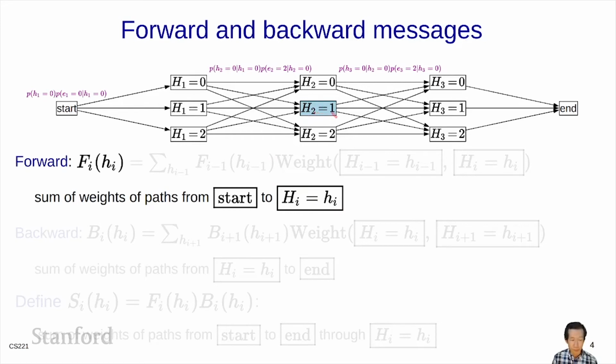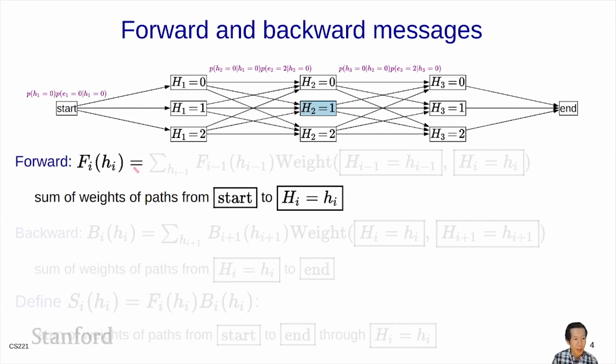f_2 of 1 is going to be the sum of the weights of all paths from start to h_2 equals 1. And I can compute this recursively as follows. All paths that go from here to here have to have a previous position, which is one of these.